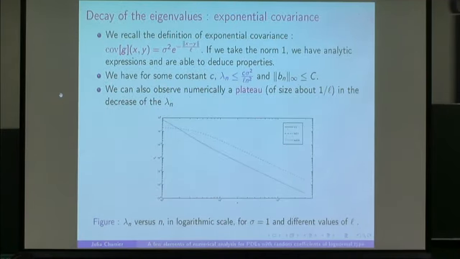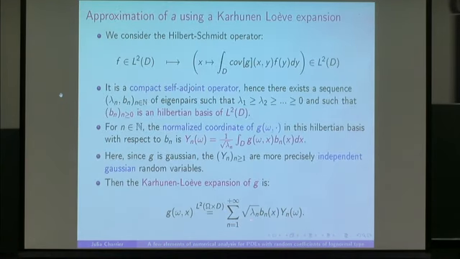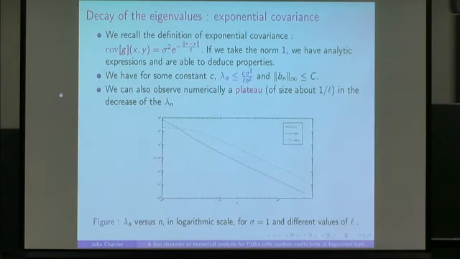Of course, it's very important to know how the lambda n decrease, because it will be the main issue to answer the question of the error committed when you truncate the series.